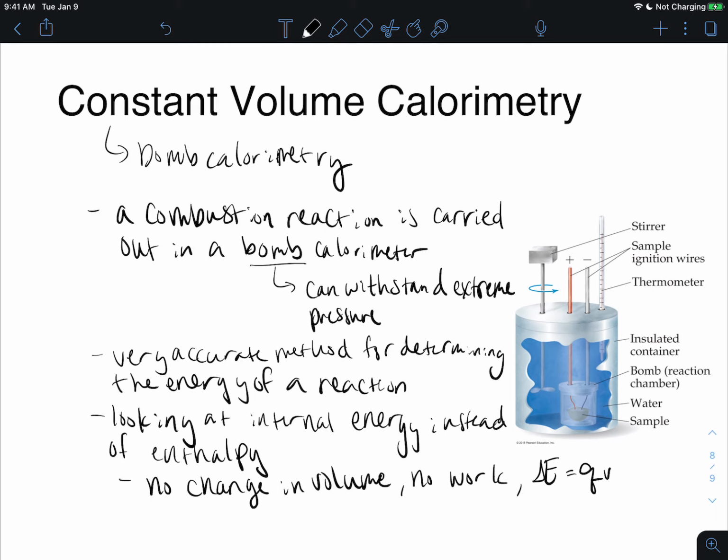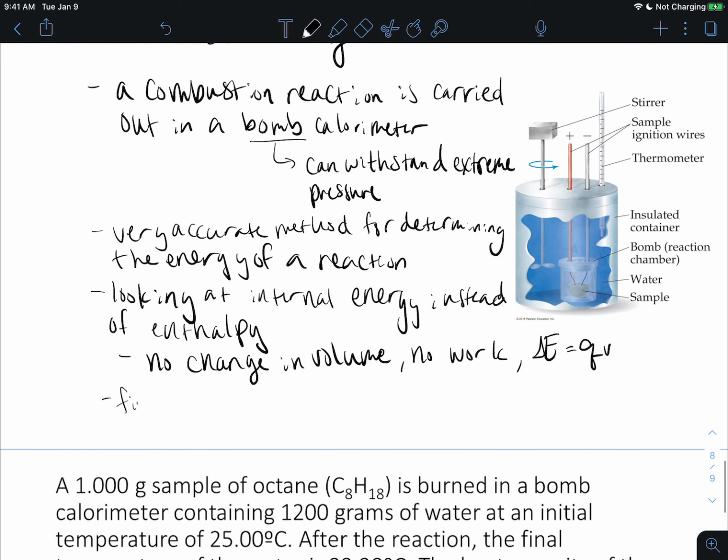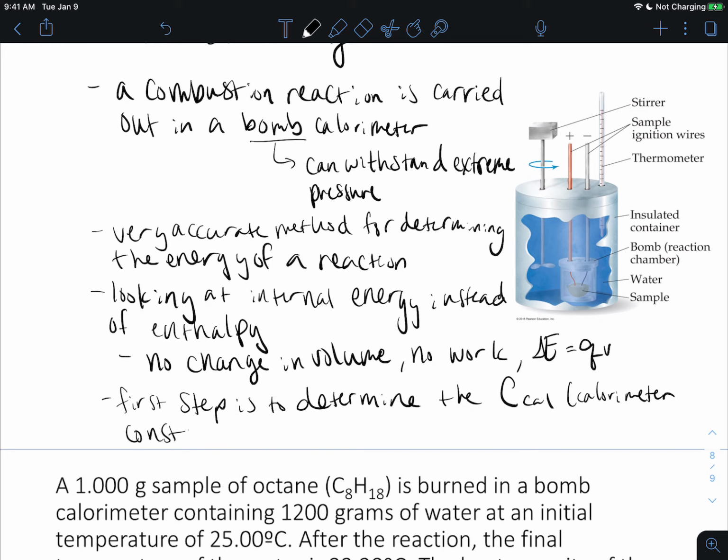Okay. And the way that this works is we have a known compound with a known energy, and it's used to determine the specific heat of the calorimeter itself, and then that value is used to determine the heat of an unknown. So first step is to determine the calorimeter constant, so C calorimeter, using a known substance.